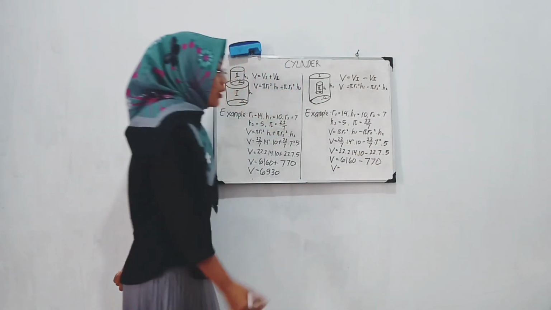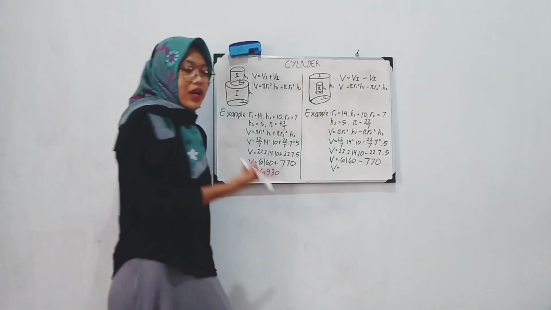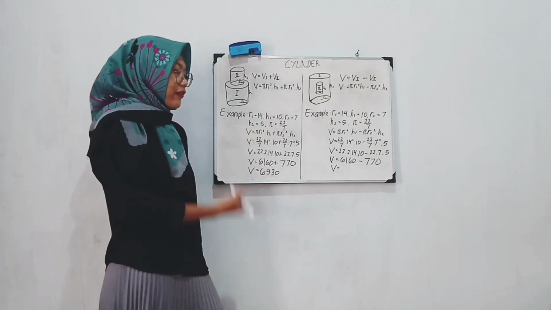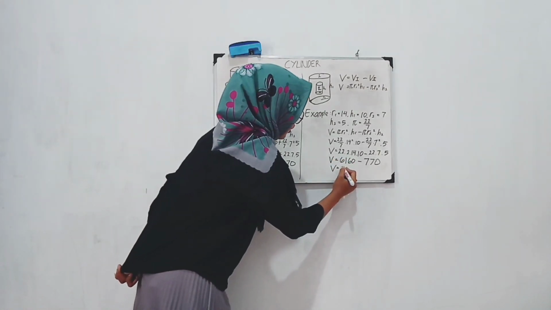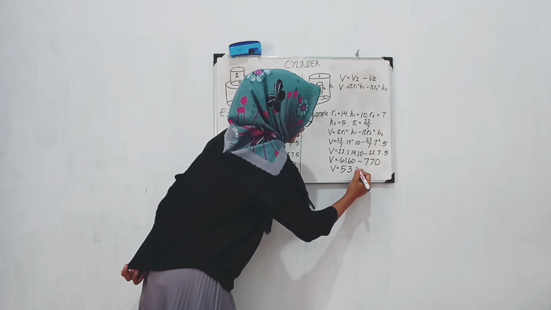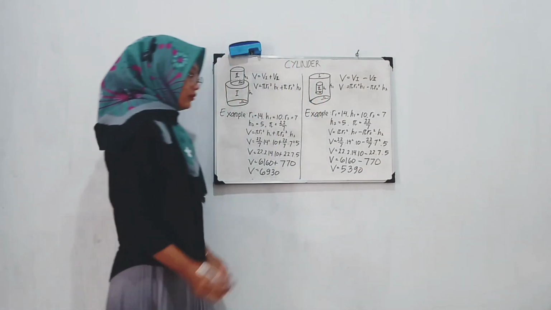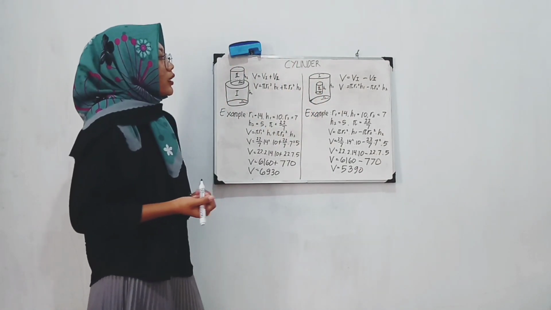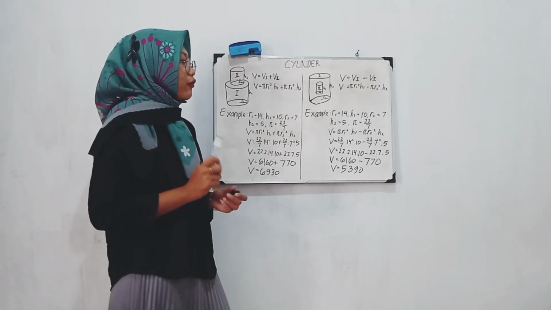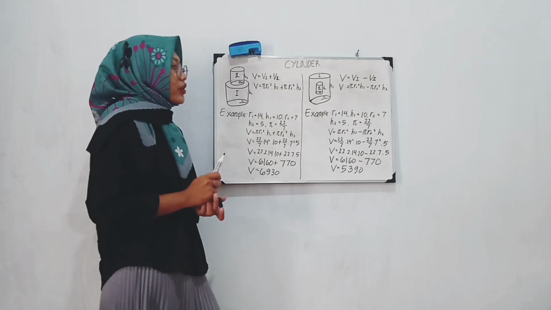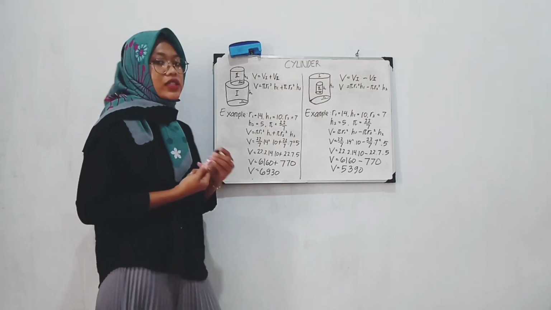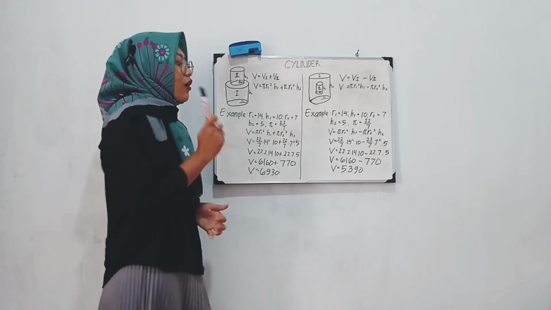Volume equals 6160 minus 770 is 5390. So the volume of the cylinder with radius 1 equals 14, height 1 equals 10, radius 2 equals 7, height 2 equals 5, and π equals 22/7 is 5390.